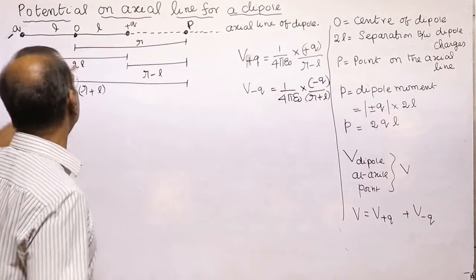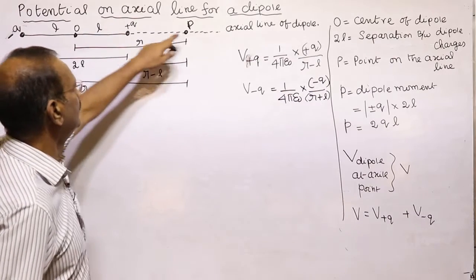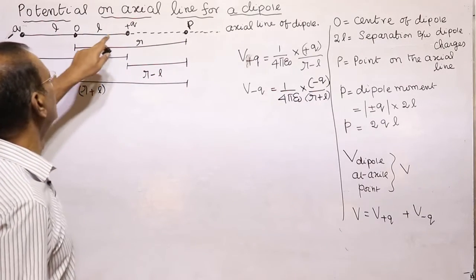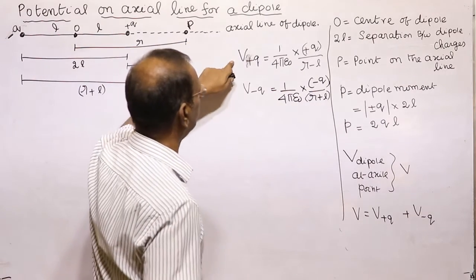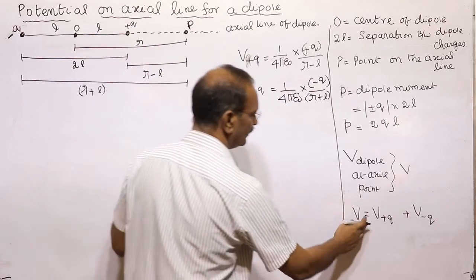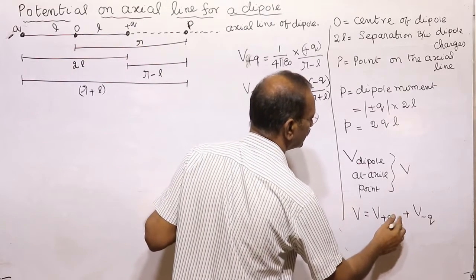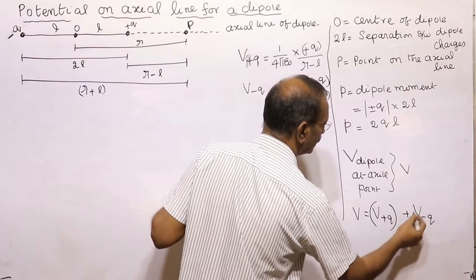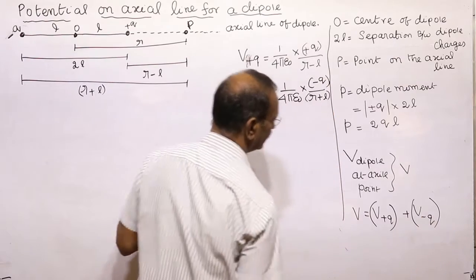So this is the potential due to the minus charge at this point, and this is the potential due to the positive charge at this point, and the net potential is the sum of the potential due to the positive charge and the potential due to the negative charge.